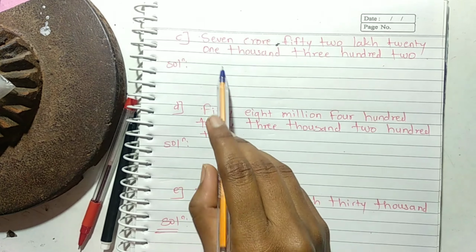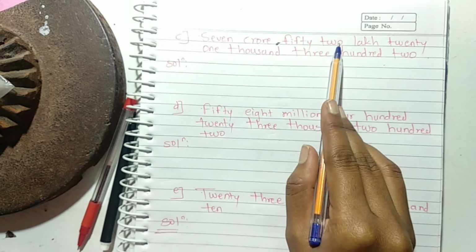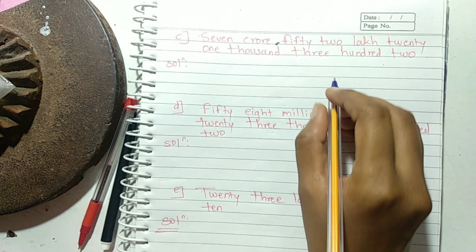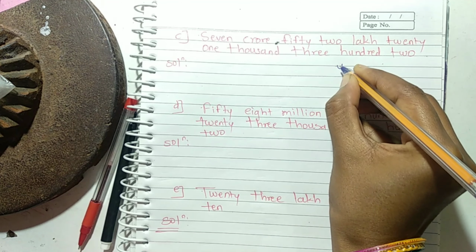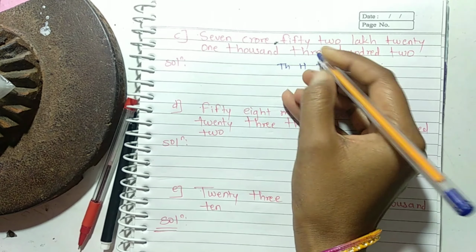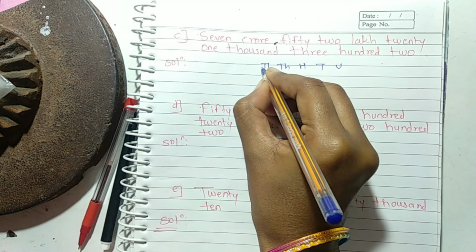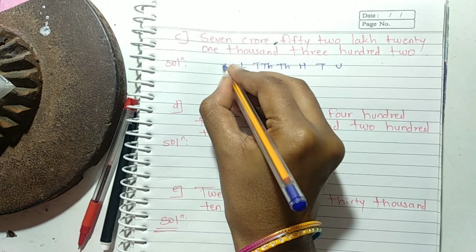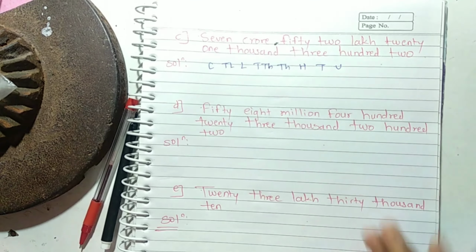Next example, 7 crore 52 lakh 21,302. Now write down unit, tens, hundred, thousand, 10,000, lakh, 10 lakh and crore.